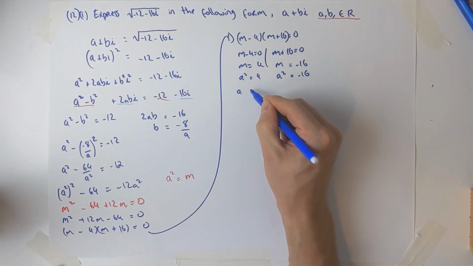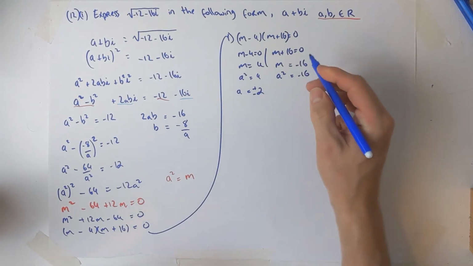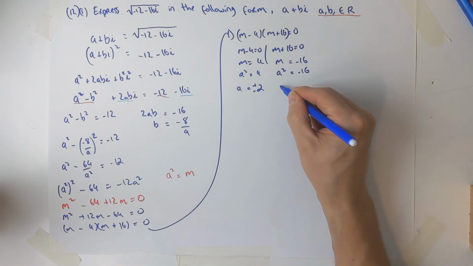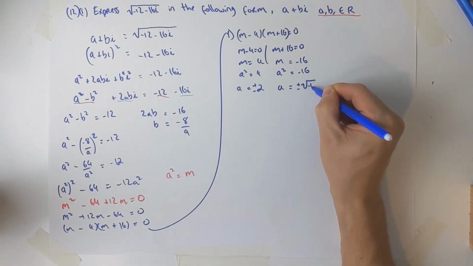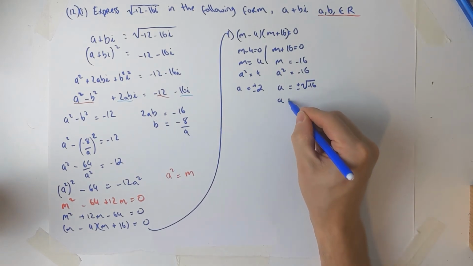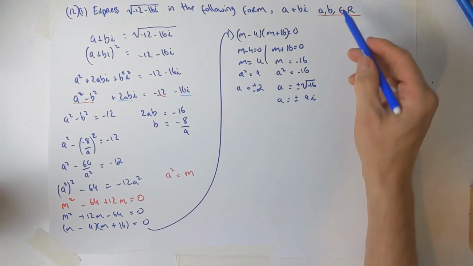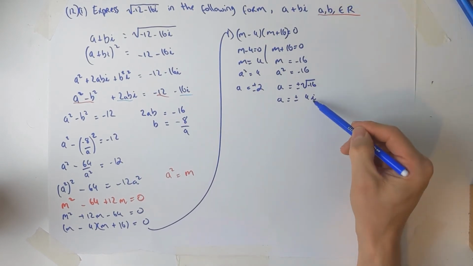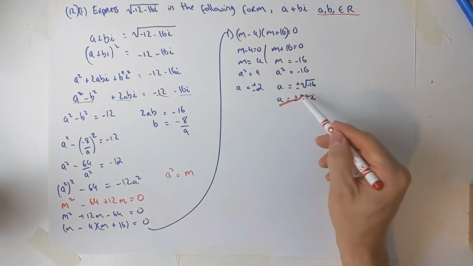So that's giving you a is equal to plus or minus 2. And this is giving you a is equal to plus or minus the square root of minus 16. So you're getting a is equal to plus or minus 4i. But again, you're told that a and b are real numbers. This is an imaginary number, so you can disregard that.